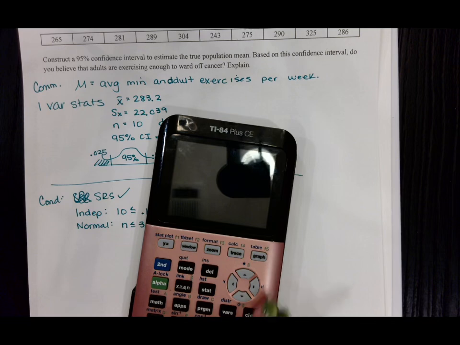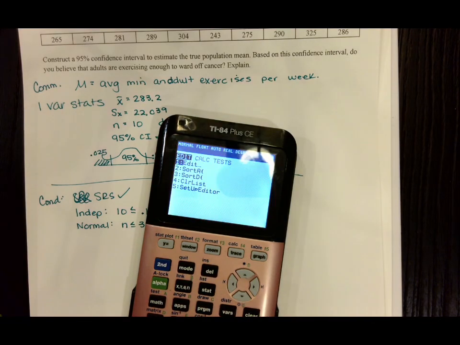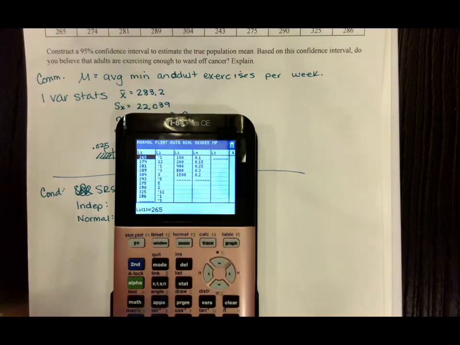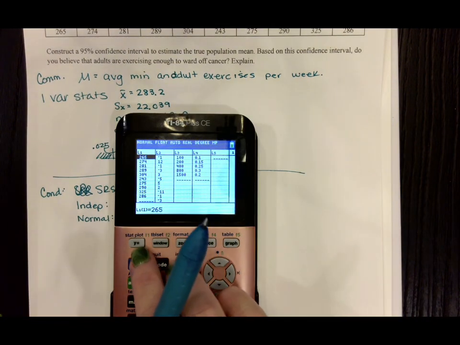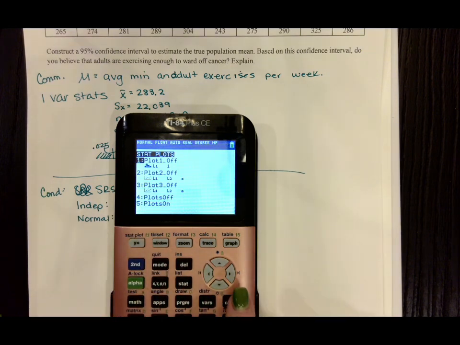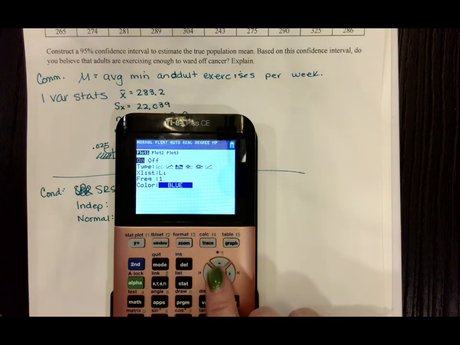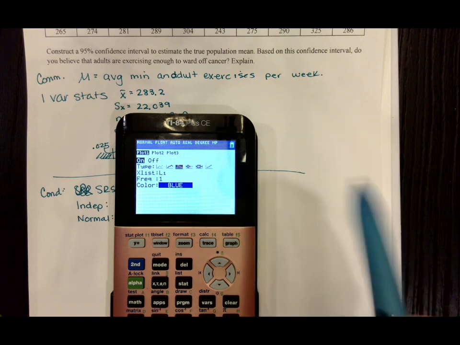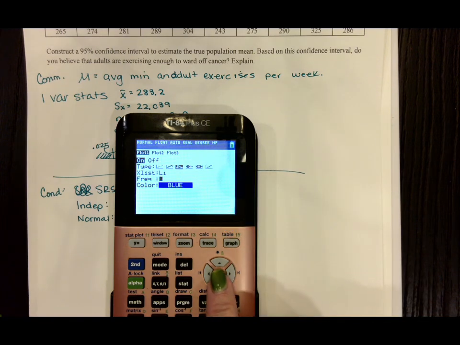So I already put all of my data in my calculator. So all of my data is right here in L1. All right. So what I'm going to do is go in here and turn my stat plot on. So I'm going to go second y equals, and I have this plot. I'm going to go over here and turn it on. And then if you go down here, one of your options is a histogram. So I can do this histogram. My data's in L1.